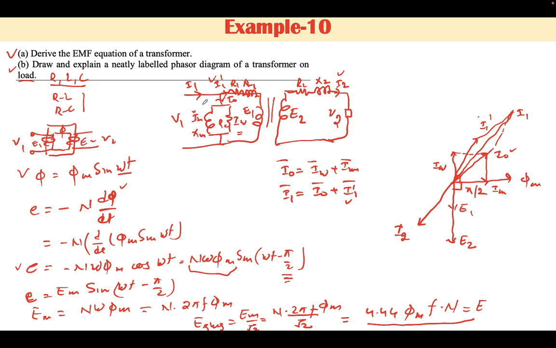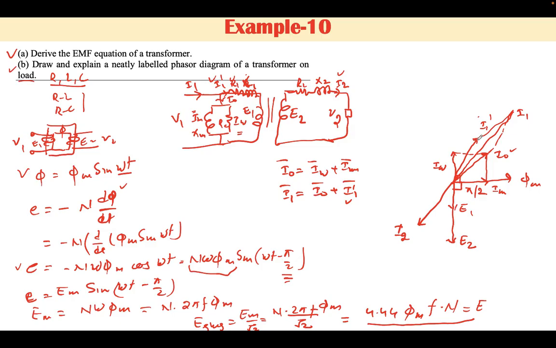Now in case of the primary side, there are two voltage drops, a voltage drop across resistance R1 and a voltage drop across reactance X1. The voltage drop in resistance will be in phase with I1 dash.